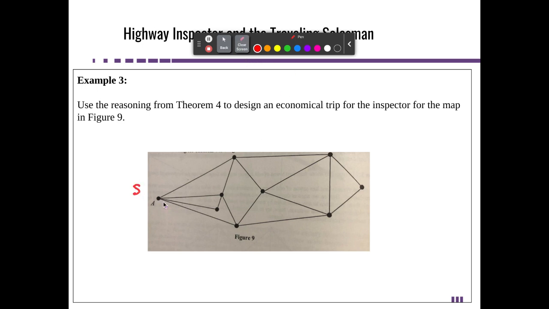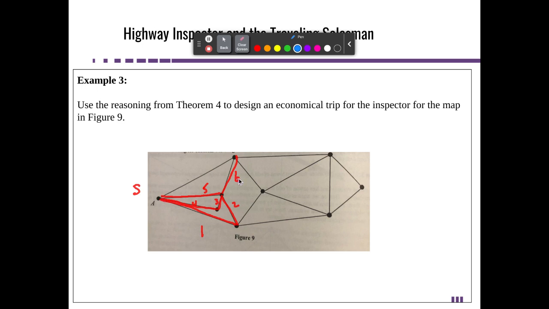So we started here and we're doing trip 1. So we went on this path right here. That'd be 1, and then 2, and then 3, and then 4, and then 5, and then 6. And what we would think about that is that would help us be able to say, okay, well, we could get back now.